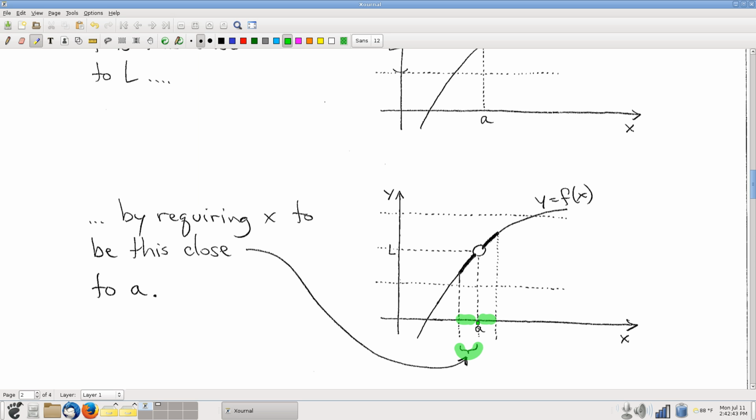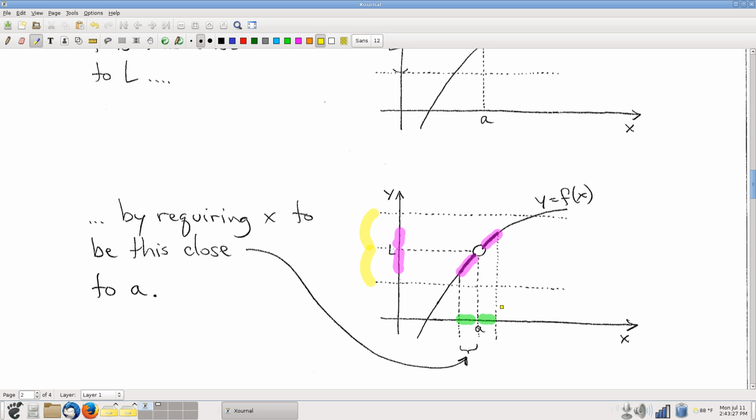Of course, I can't allow for x to actually equal A because, as we noted earlier, the function is not defined at A. But notice what happens when I require x to be no more than that far away from A: the value of the function comes from those two little pieces of curve, which means that the values of the function are in that range, and as required, it is within the required tolerance, no more than that far away from L.